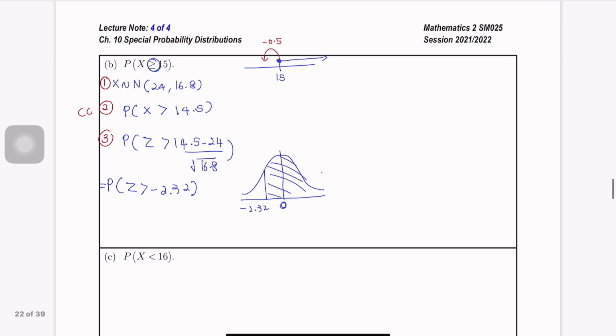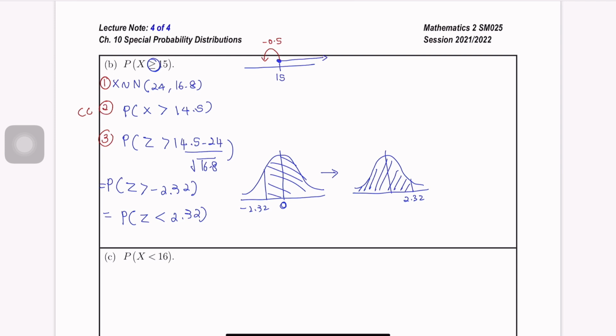So change it to positive because we only have positive values in the normal table. So negative 2.32 becomes positive 2.32, and this one is the area. That means Z greater than negative 2.32 is equal to probability Z less than 2.32.